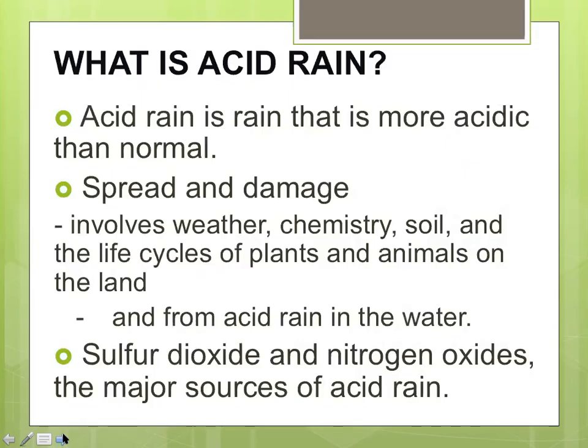So, in the most simplified definition, what is acid rain? Acid rain is the rain that is more acidic than normal.